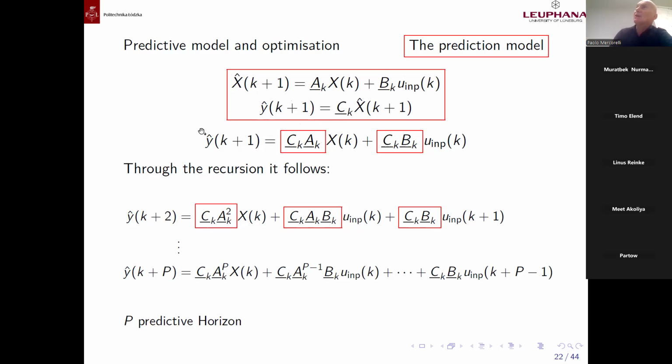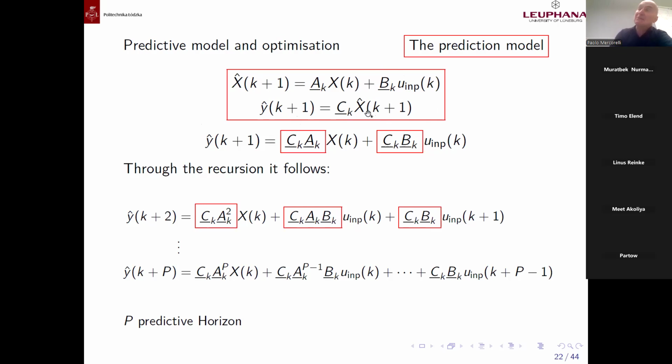As I told you before, the predictive velocity, which is C, which is 0, 1, multiplied by the state, is expressed by this equation here.